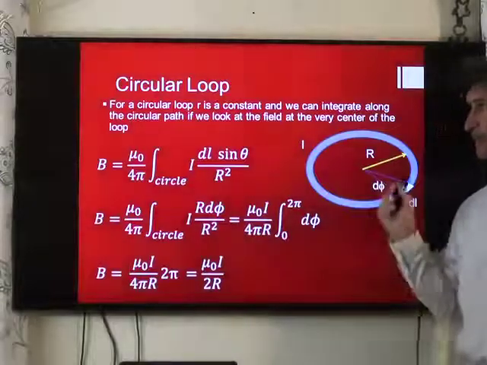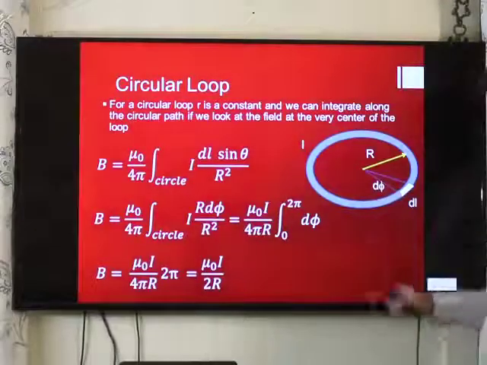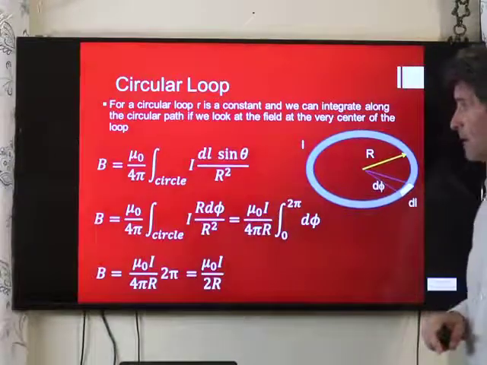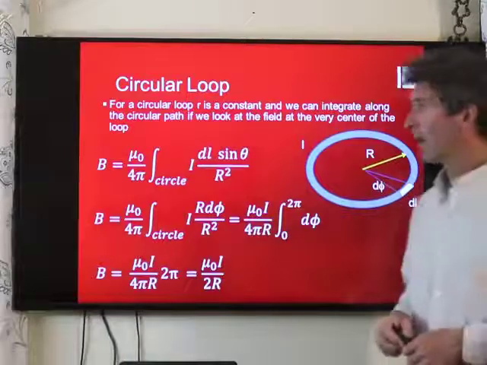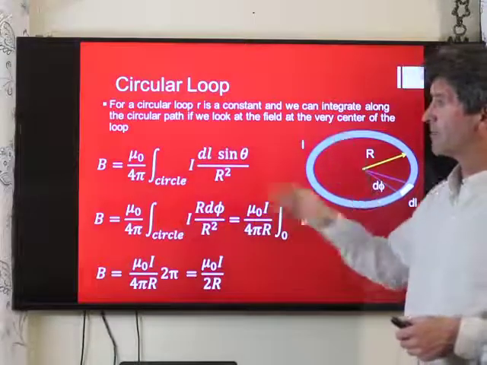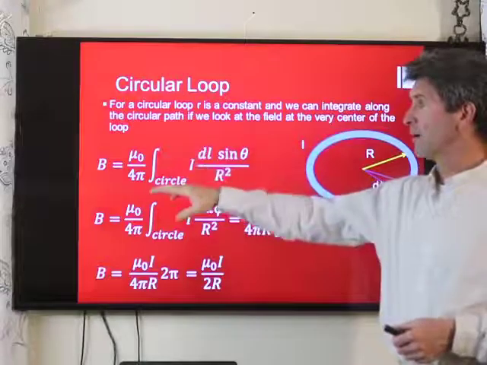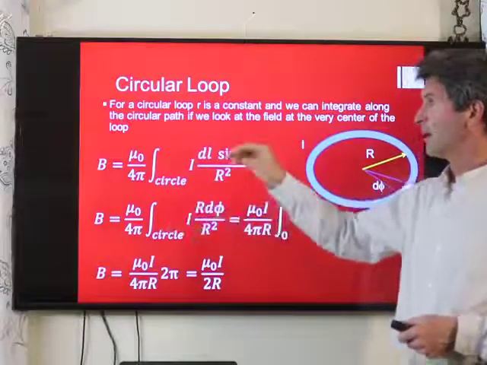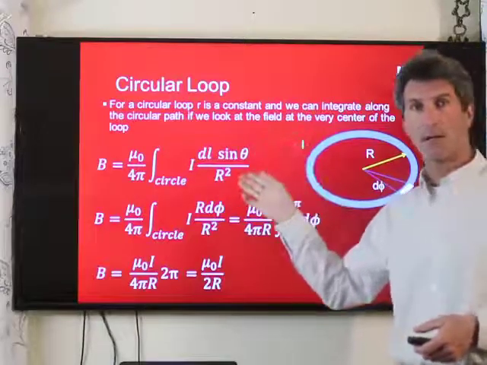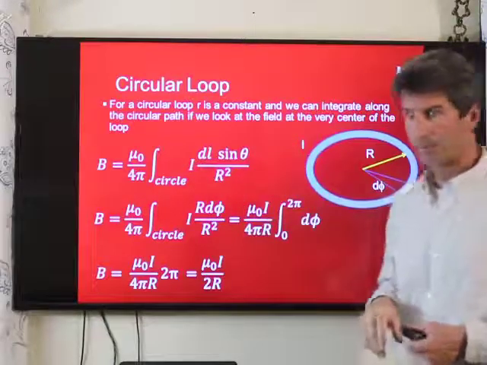Okay, let's calculate the magnetic field in the simplest case, at the center of a loop of wire. We know that, according to the Biot-Savart law, dB is equal to mu 0 over 4 pi, I dl cross r over r squared.